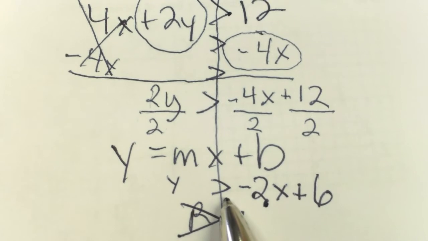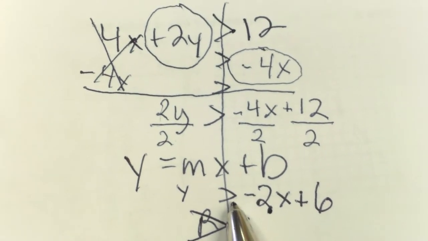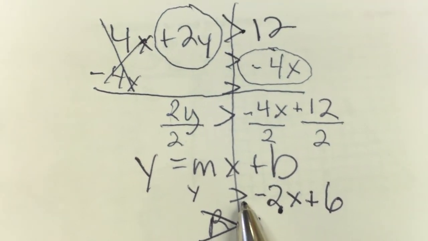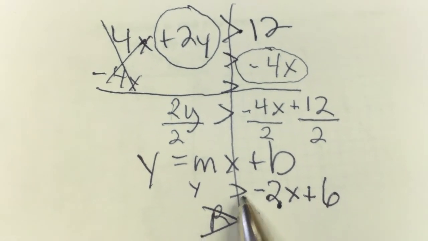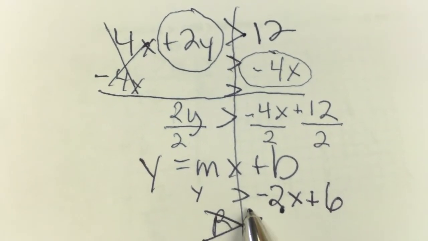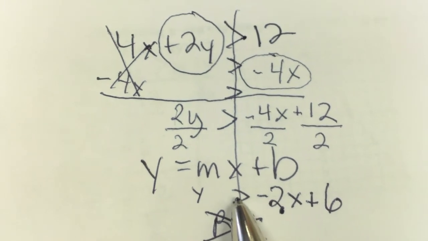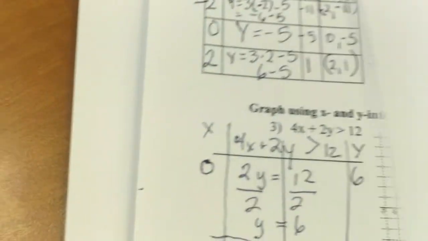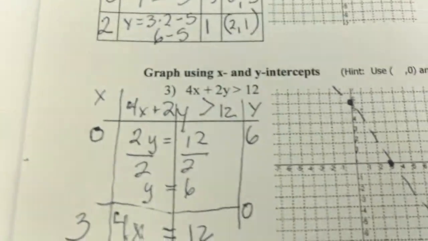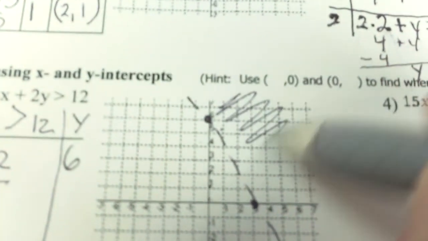Now I can use greater than is above the line and less than is below the line for my shading. I know my line is broken because it doesn't have an equal sign, and since this is greater than, I'm going to shade it above the line. So it's broken, and I'm going to shade it above the line.